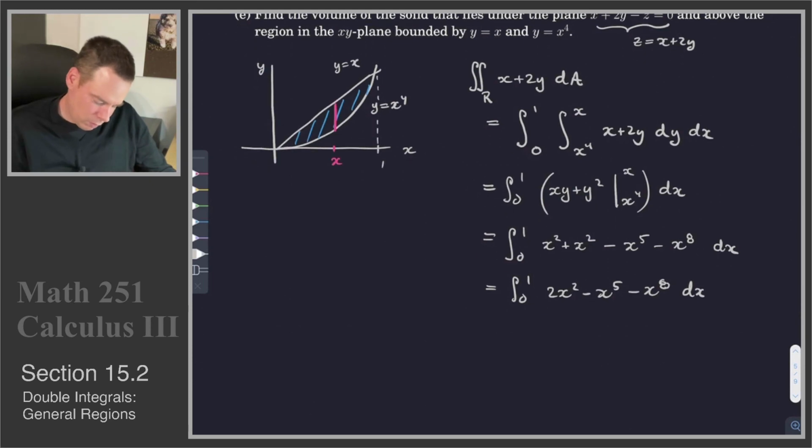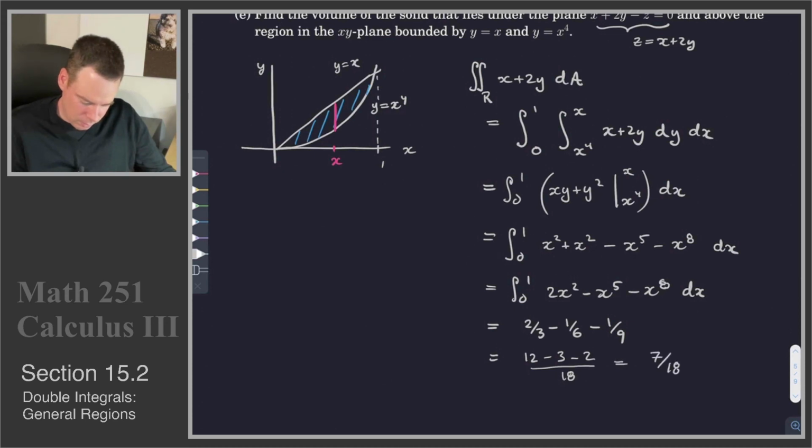And we anti-differentiate and evaluate at 1, and what we get is 2/3 minus 1/6 minus 1/9. Common denominator in this case turns out to be 18, so this would be 12/18 minus 3/18 minus 2/18, or 7/18. And so there we go.